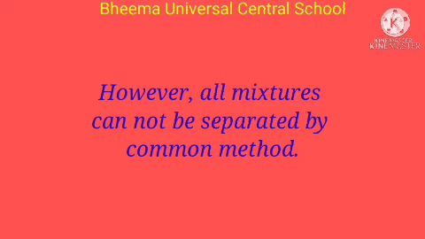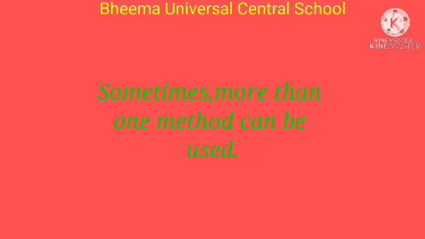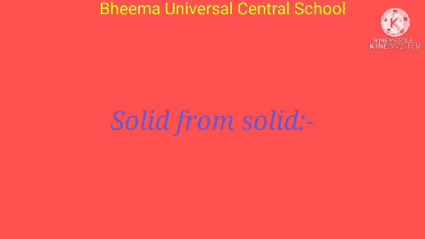However, all mixtures cannot be separated by a common method. The choice of method of separation depends on the properties of the components and composition of the mixture. Sometimes more than one method can be used. Next method is separating solid from solid.